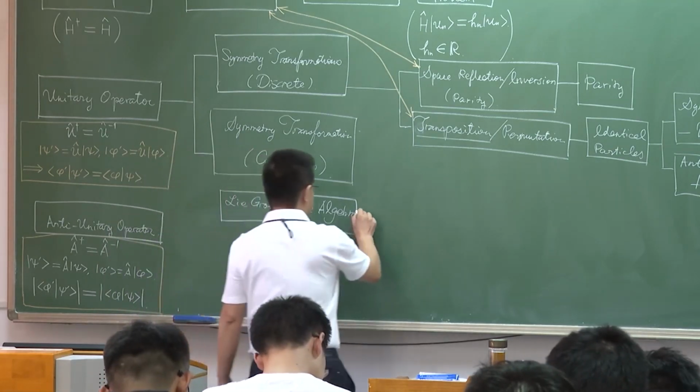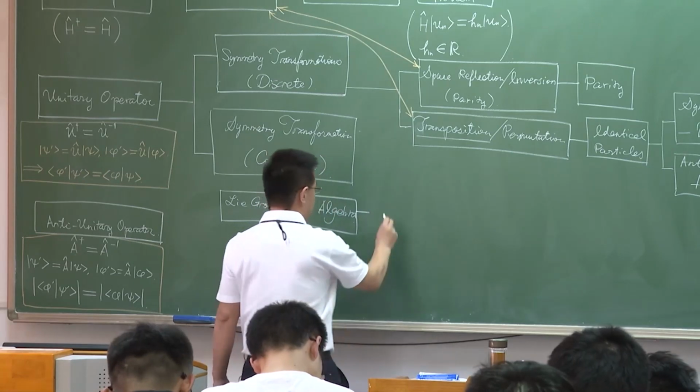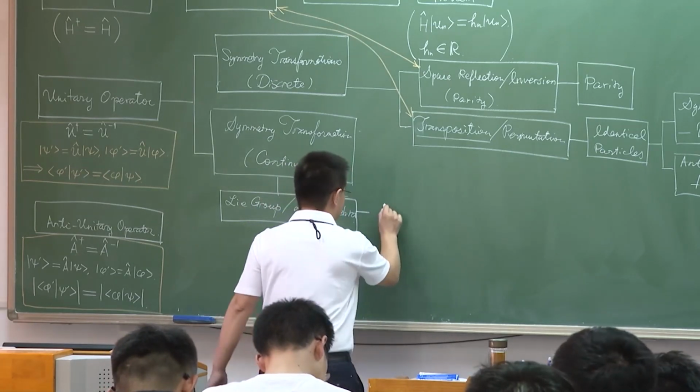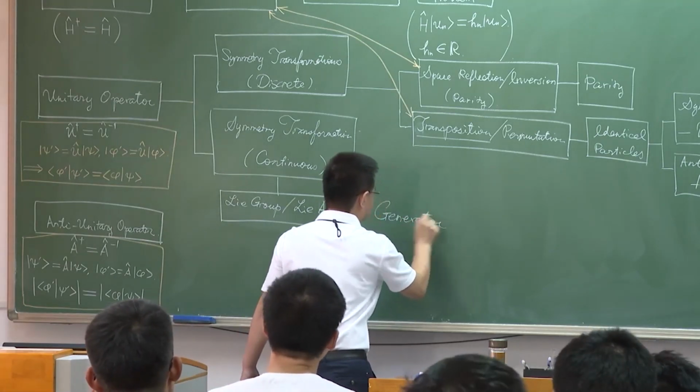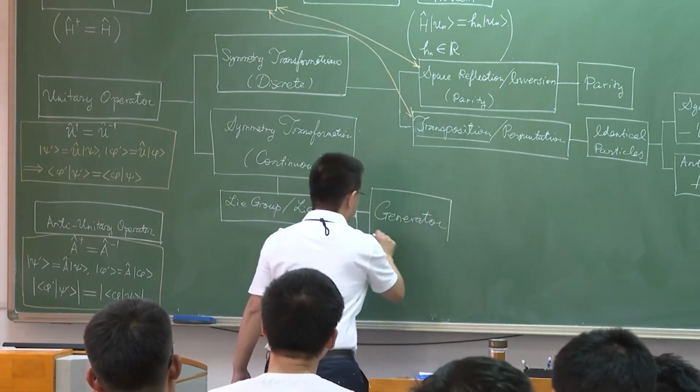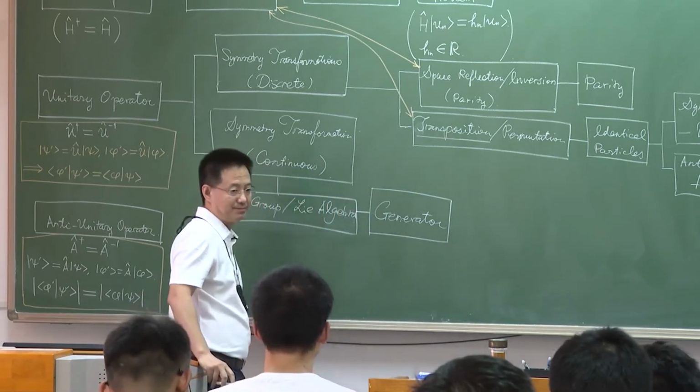And for the Lie algebra, we have a very key item, that is the generator.